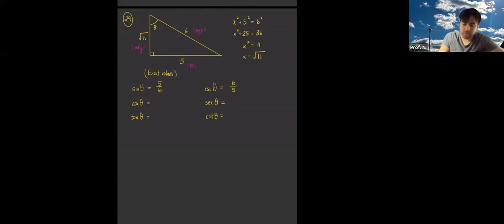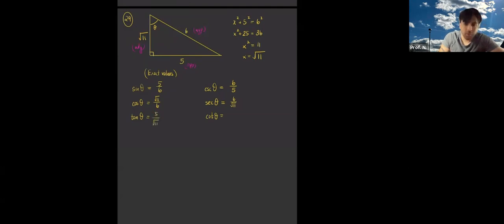What's cosine? Cosine is adjacent over hypotenuse. So that's going to be what? Rad 11/6. What is the reciprocal? It's 6/rad 11. Tangent. What is tangent? Tangent is opposite over adjacent. What is that? 5/rad 11.